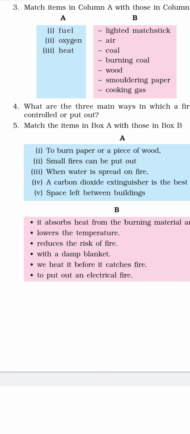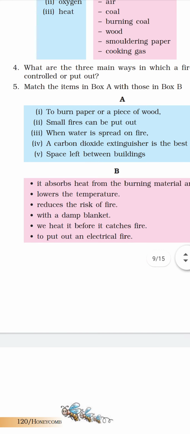In the next question again, you will have to match the items which are given in box A and box B. The first one is to burn paper or a piece of wood. Which one would be the correct option? Here the correct option would be we heat it before it catches fire. The second one is small fires can be put out with a damp blanket.